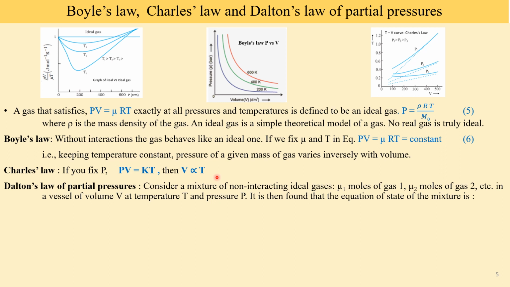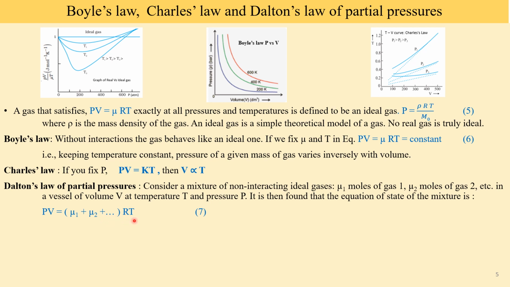Then finally, we will study Dalton's law of partial pressure. Consider a mixture of non-interacting ideal gases, that is μ1 moles of gas 1 and μ2 moles of gas 2, etc., in a vessel of volume V at temperature T Kelvin and pressure P. It is then found that the equation of state of the mixture is given by PV = (μ1 + μ2 + etc.)